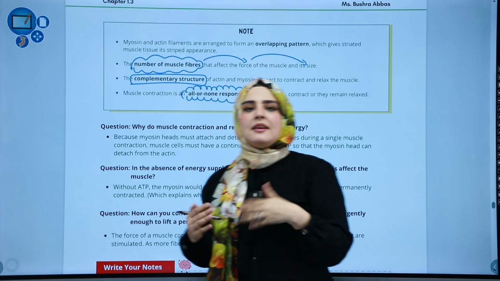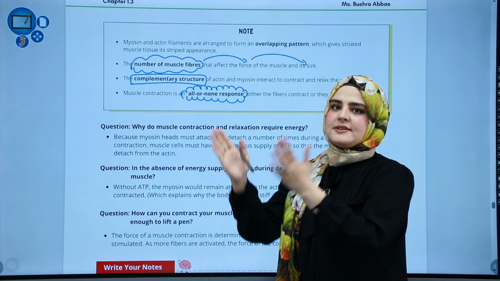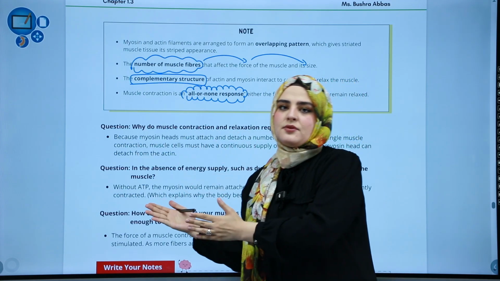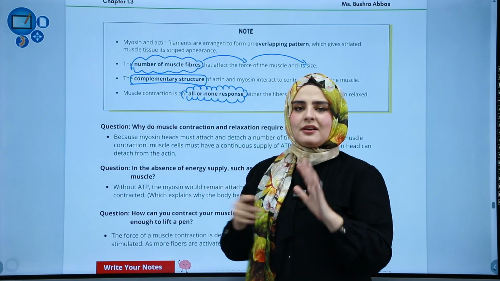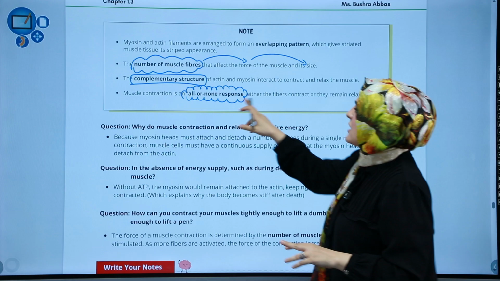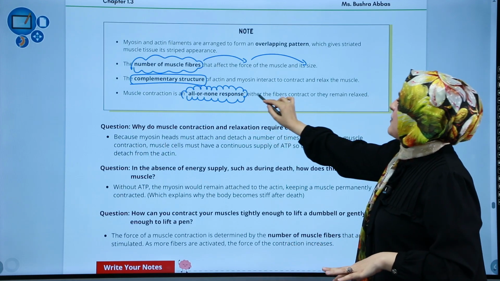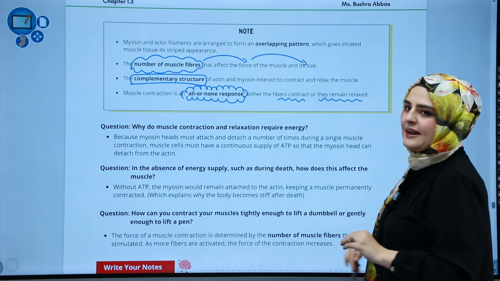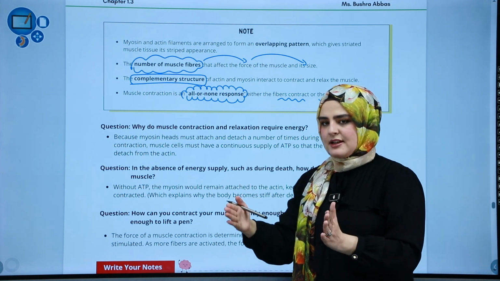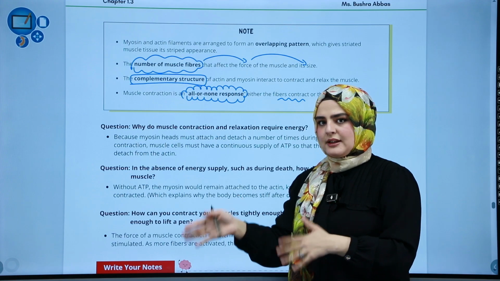There's nothing like saying, oh, this section of the sarcomere contracted, the rest of it didn't. So it's all or none response. Either the fibers contract or they remain relaxed.